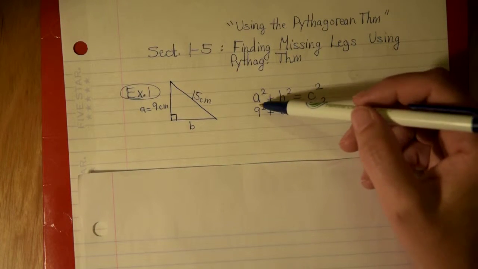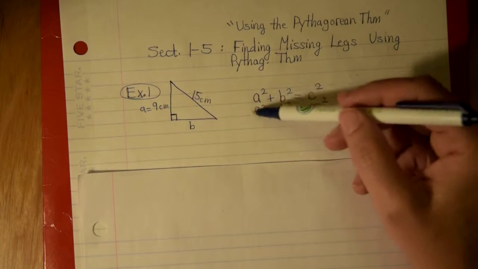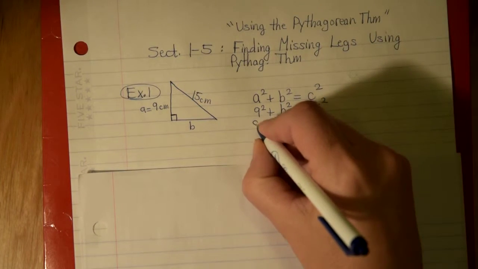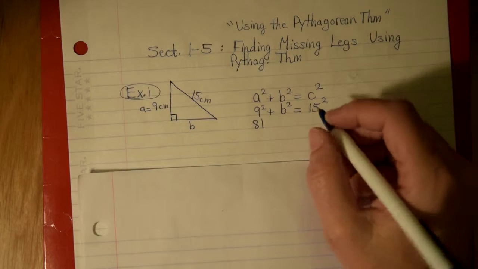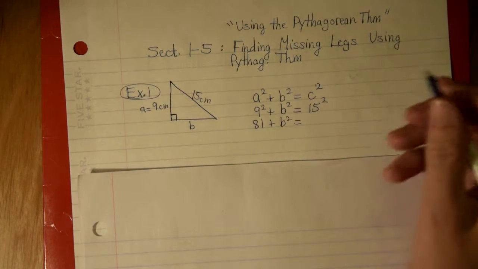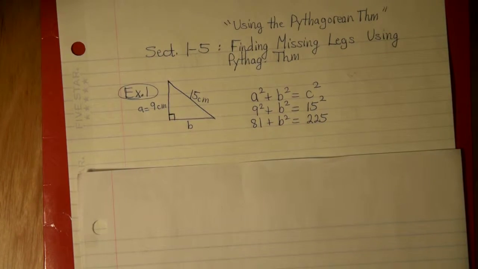You need to solve for B, but I first have to get rid of this 9 squared. So I'm going to go ahead and write what 9 squared is. So we've got 81 plus B squared equals, and you know that 15 squared is 225.